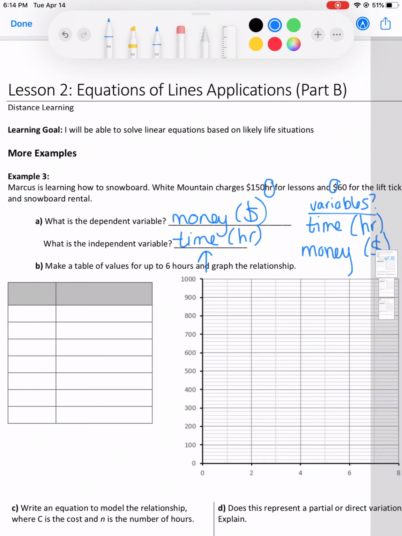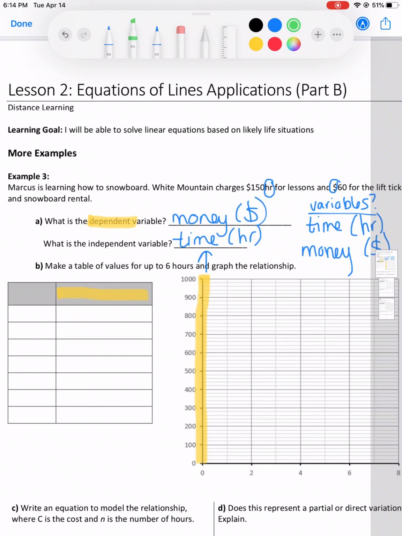So, what do you guys remember from yesterday? The dependent variable is my y. And my y is always in my second column. I don't know how many times I need to say that.